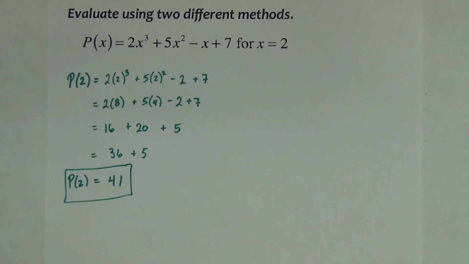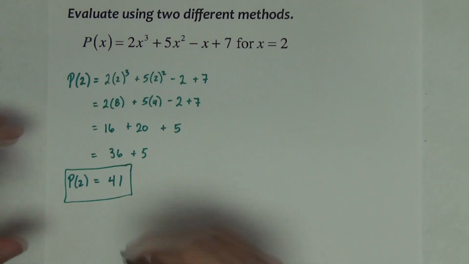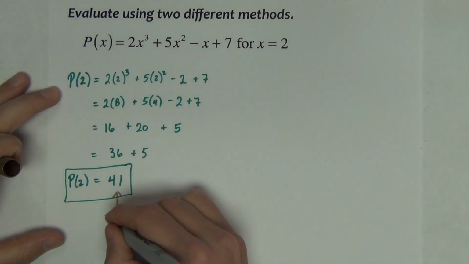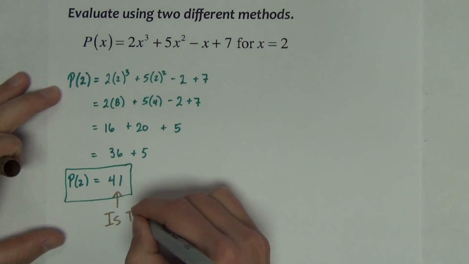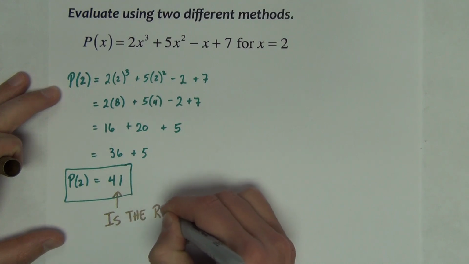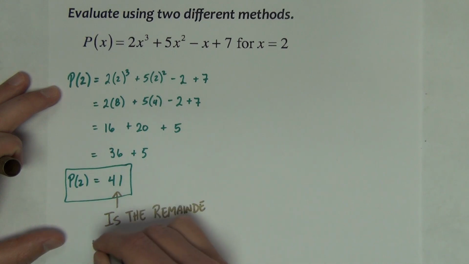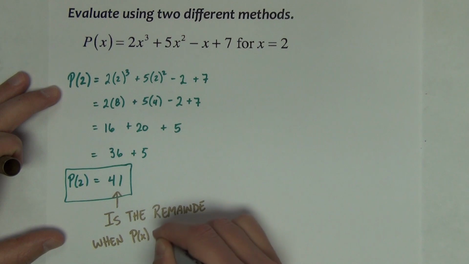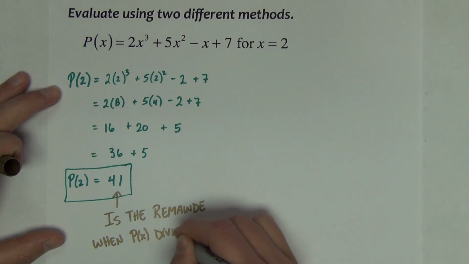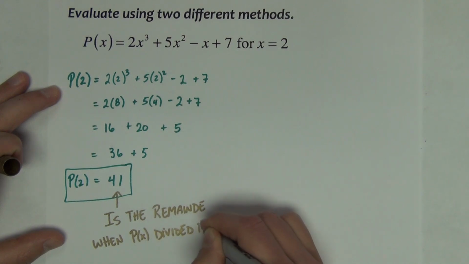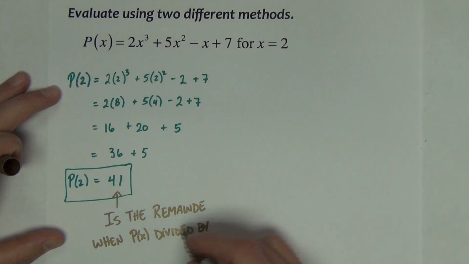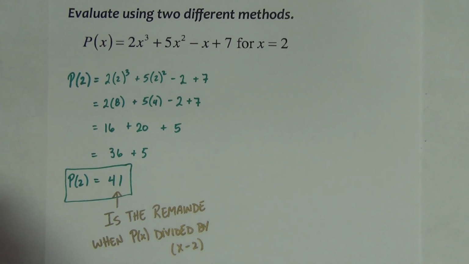Okay, so there's p of 2. Now what the remainder theorem tells us is that this number right here is the remainder when p of x is divided by x minus 2.